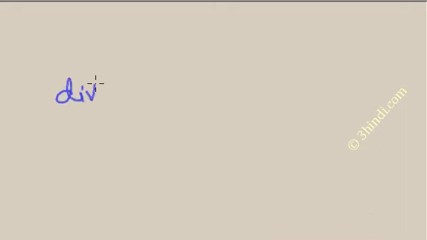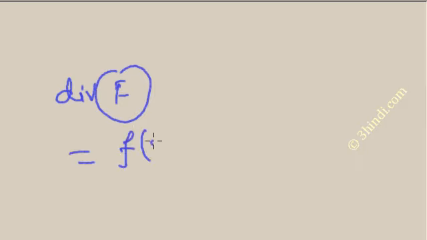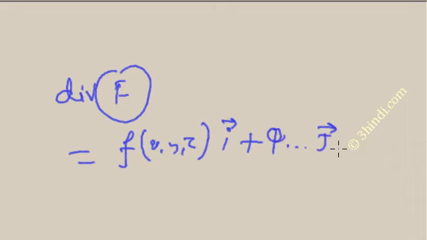Whenever you require to find the divergence of a function f, first ensure that f is a vector quantity in the form of f of x, y, z, i. Similarly, another function, suppose phi, j, and a third function, theta, k.